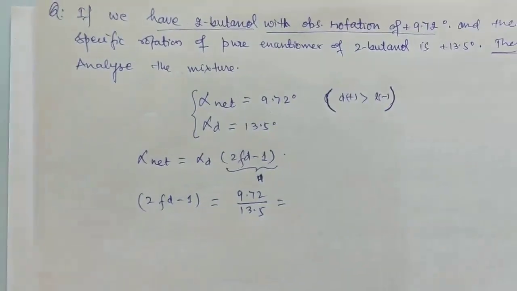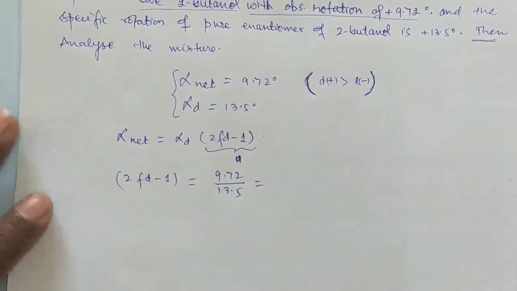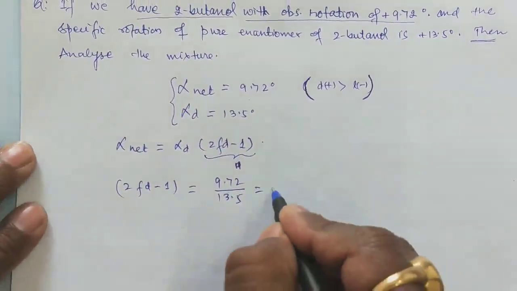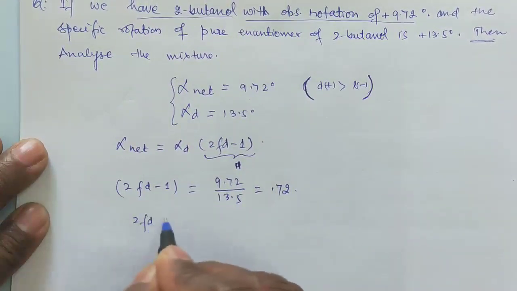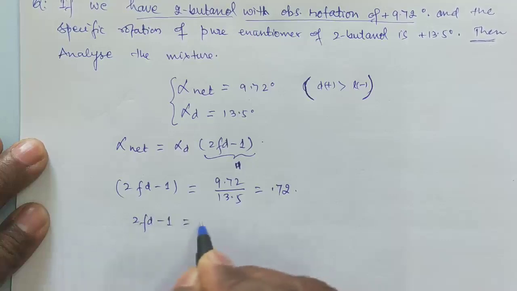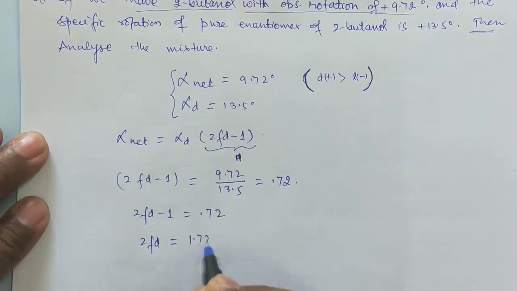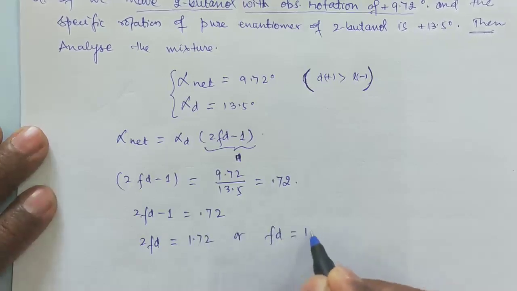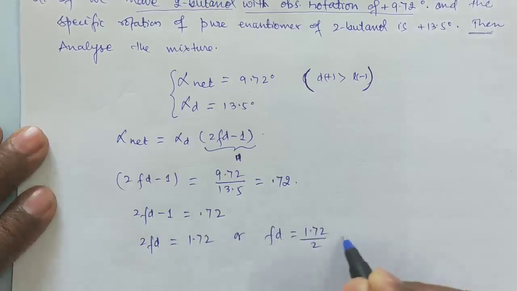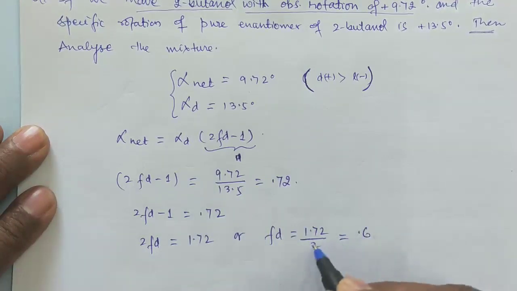So you get 0.72. So 2FD minus 1 is equal to 0.72. So 2FD is equal to 1.72, or FD is equal to 1.72 by 2, so it becomes equal to 0.86.